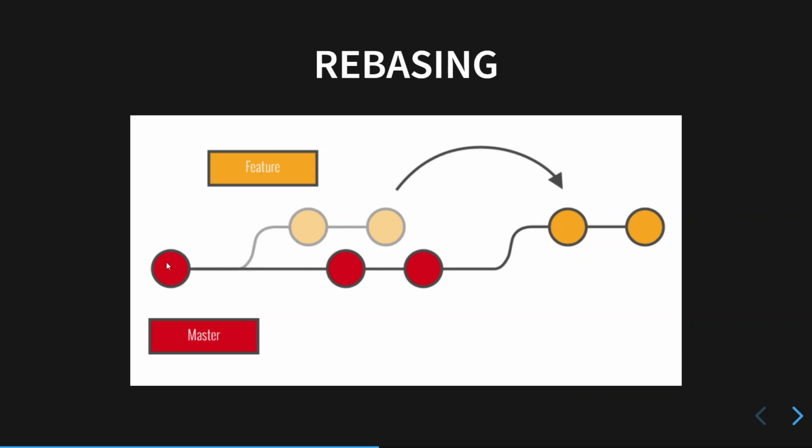So as you can see here, originally feature was branched off of this first commit here on master, and then let's say 2 different teammates committed their changes here, and you want to get those 2 changes onto your branch. You can fast forward your branch onto these. It'll replay those changes and keep those changes that you've made on that other branch still existing.